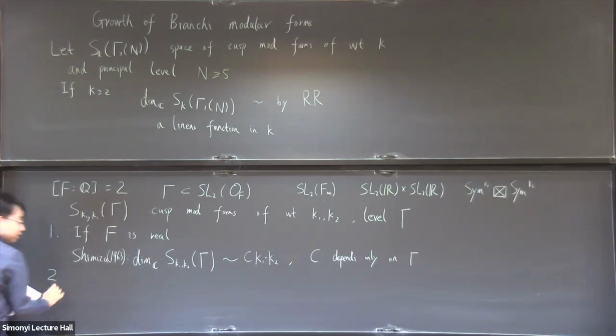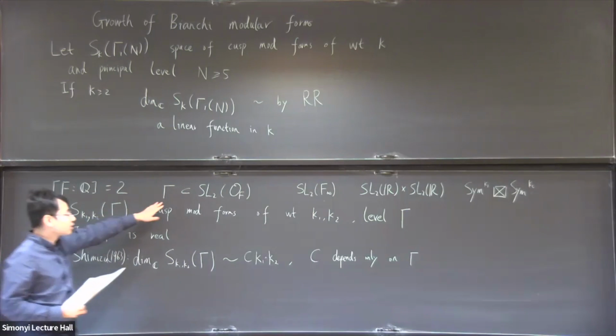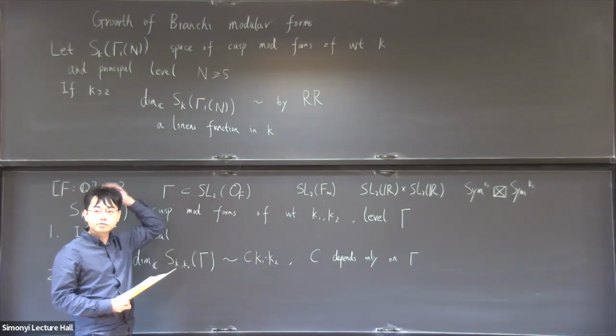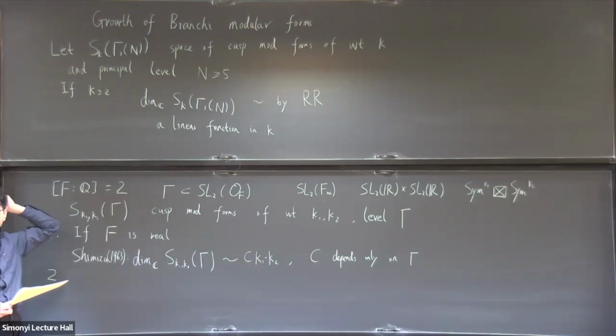Sorry, what do you mean by level Γ? Γ is a congruent subgroup of SL2(O_F). But upstairs, the first example was Γ_1(n). Is it a particular congruent subgroup, or is it related to a particular ideal? No, this is only for illustration. It's an arbitrary congruent subgroup.